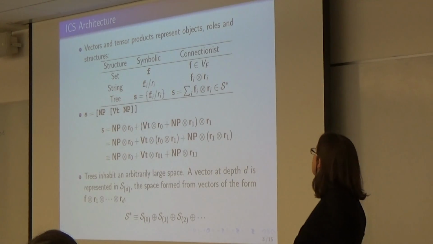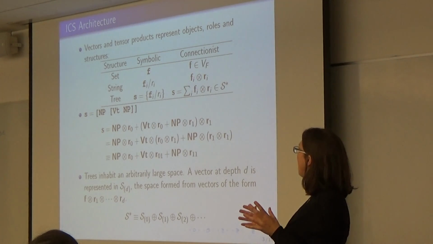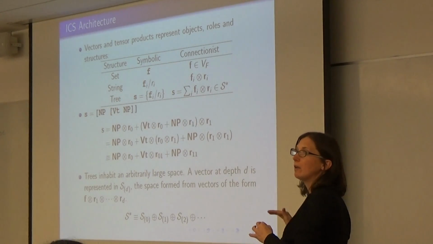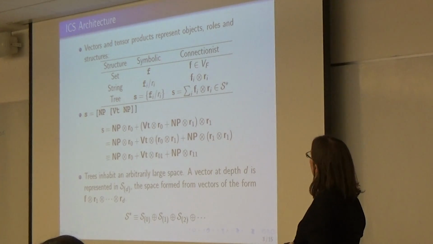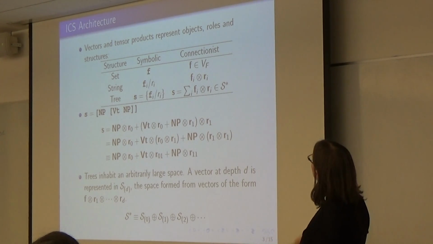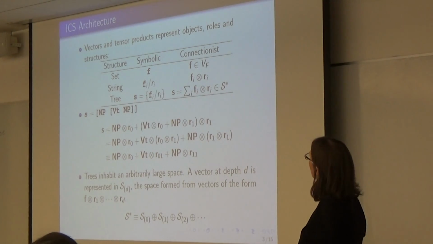So going through the ICS architecture. Smolensky's aim is to look at how we can implement symbolic reasoning within a connectionist substrate. So we build this up hierarchically. The first level is just a set of things.